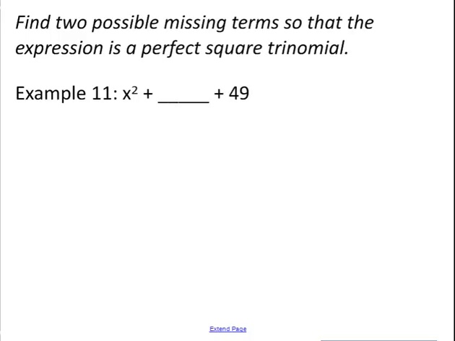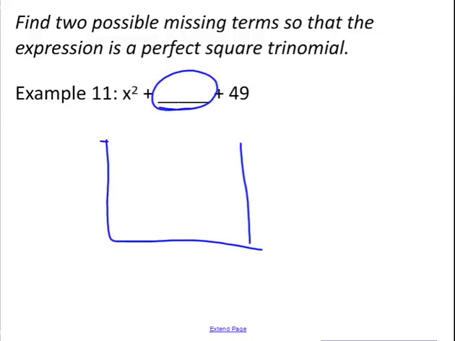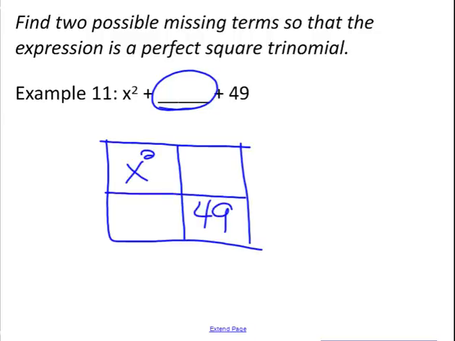Example 11 is a little bit different. I have something missing in the middle, so same idea. Draw the box, x squared and 49. On the outside, I have x and x.